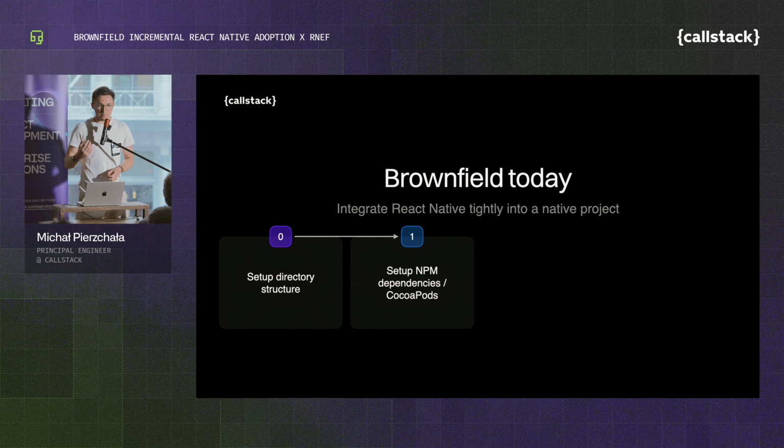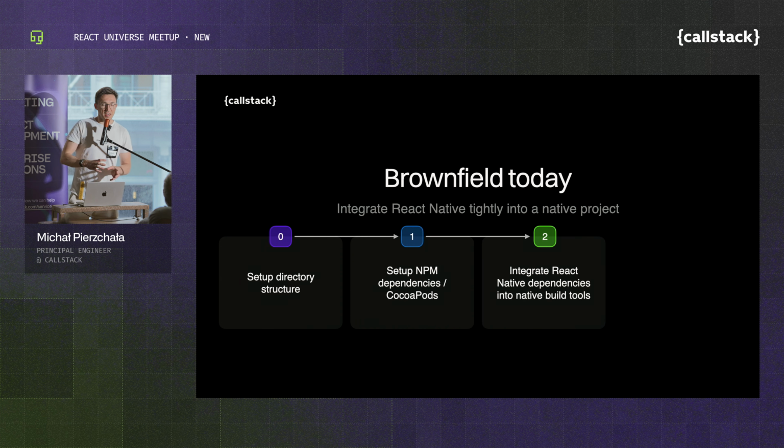And then once you're somehow past those inconveniences, you'll need to integrate React Native's own dependencies into the native build tools that you're using. So it's not like you're importing React Native, you're importing React Native and Folly and a lot of transitive dependencies that you could ideally hide from yourself somehow.